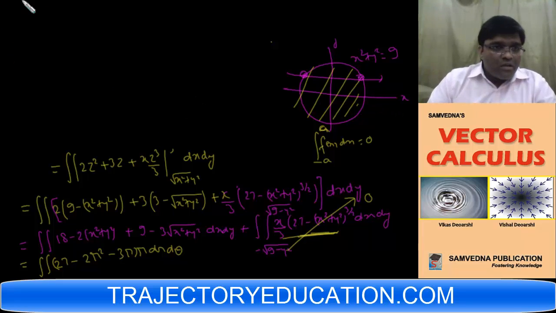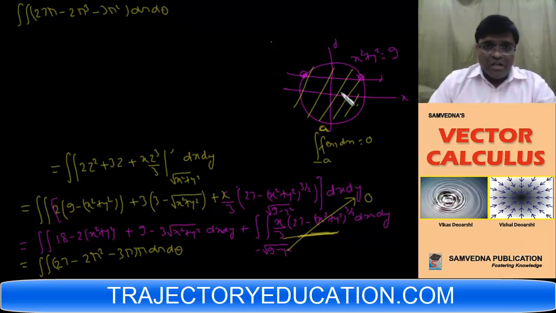This integral comes out to be 27r minus 2r cube minus 3r square, dr d theta, and for this region r varies from 0 to 3 and theta varies from 0 to 2 pi.